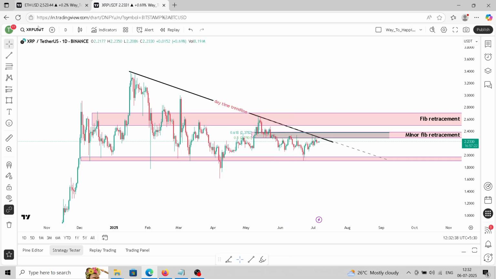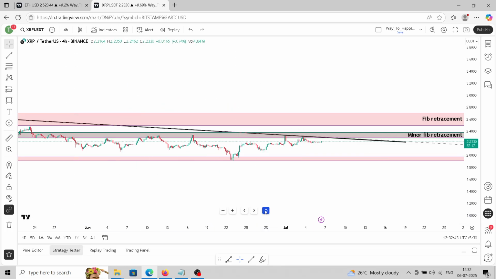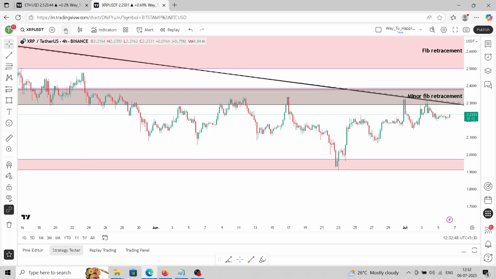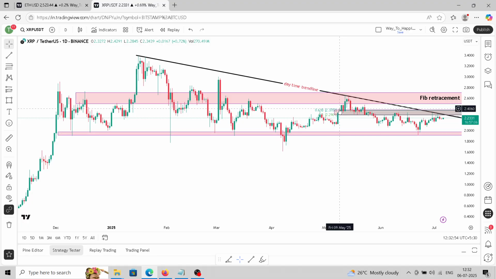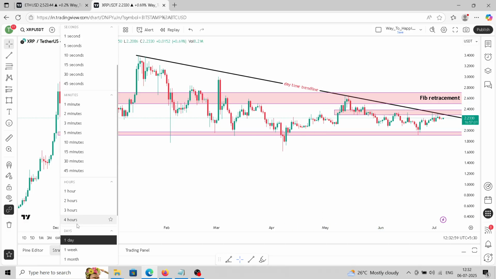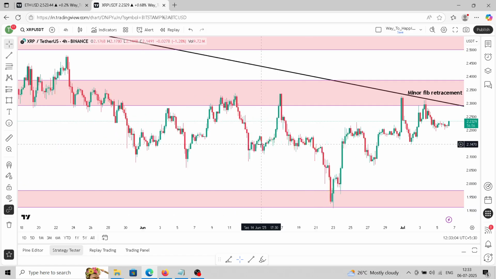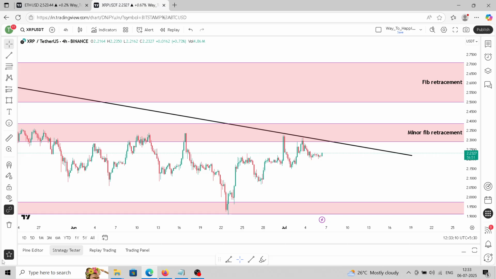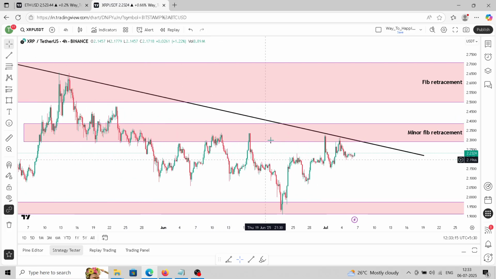Okay. Now let me take it to 4 hours. On 4 hour, yeah, 1 second. Let me delete that because it is confusing. Yeah, okay. Let me take it to 4 hours now. On 4 hours, the minor fib retracement here, it's already been rejected, is it?